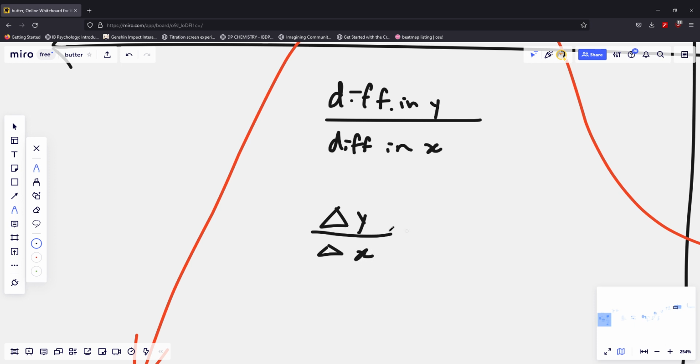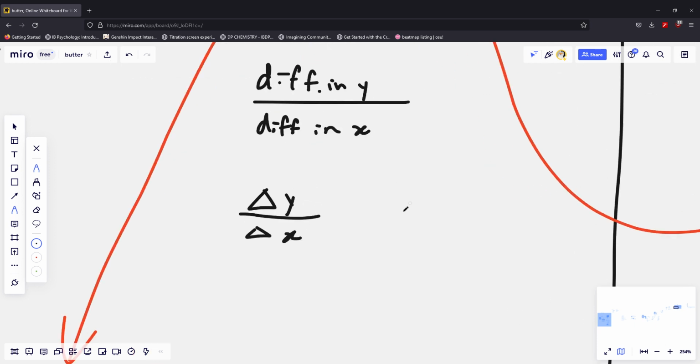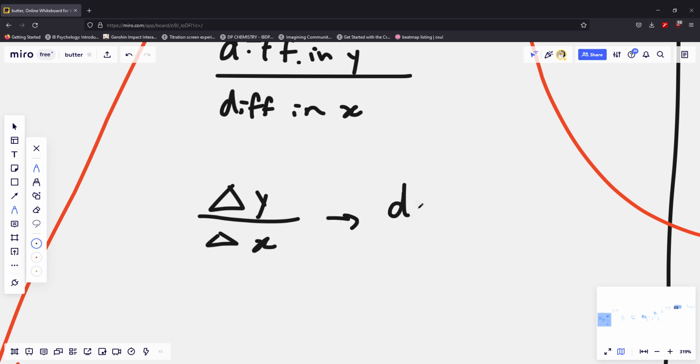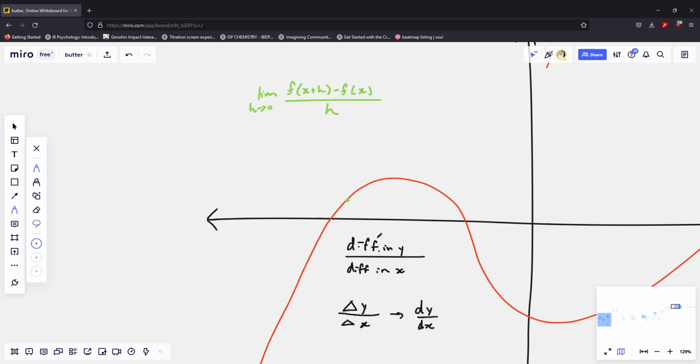So changes in y over changes in x. And eventually we kind of just decided to use d instead, dy over dx, which is the common derivative. That's why we use dy over dx. It's essentially saying a difference in y with respect to a difference in x. We're looking at how y changes when x changes by a little bit.